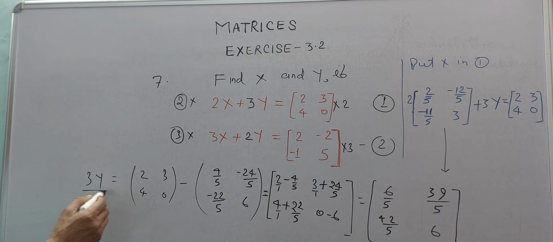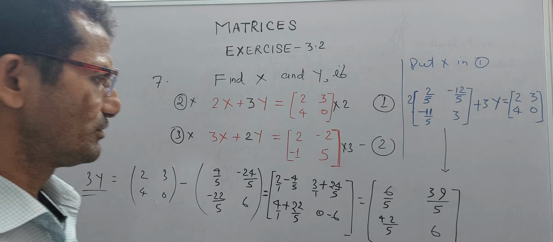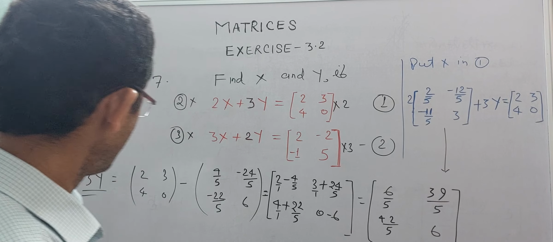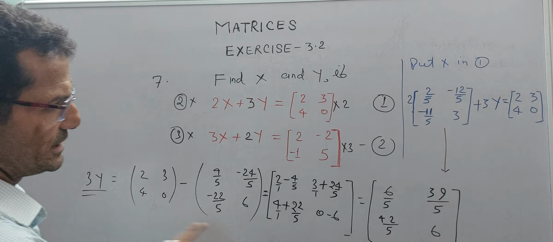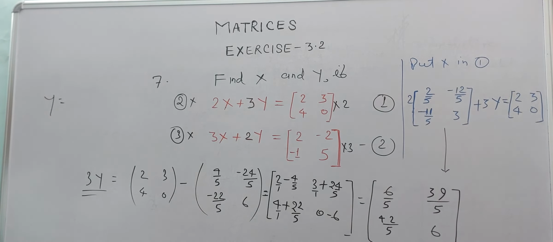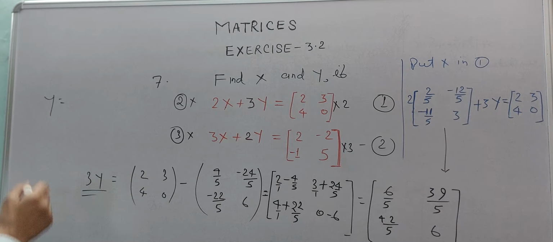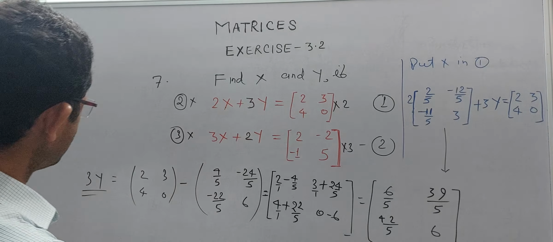Now we have to find the value of y. If you divide this equation by 3, y is equal to each entry divided by 3. You have to divide each entry by 3.